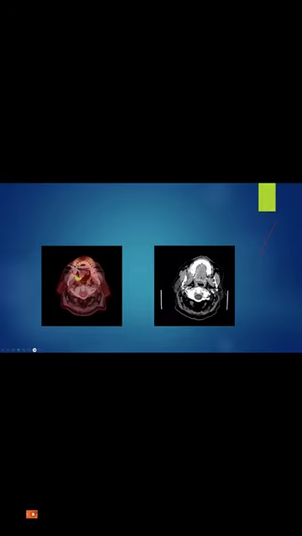Okay, so in the CT, oral lesions are potential areas of overlooking because the dental amalgam or dental work usually has extensive streak artifact.